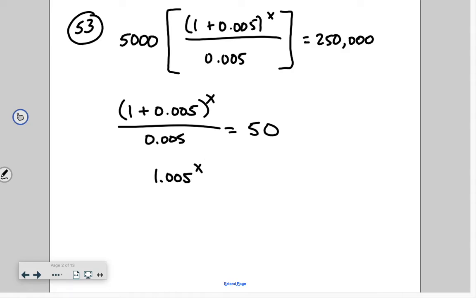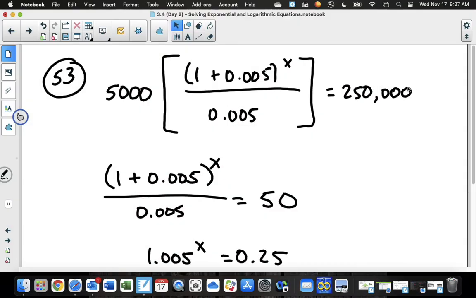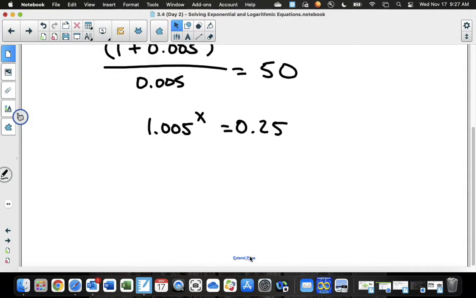So I'm going to write this as 1.005 to the x power equal to, when I multiply both sides, what do we get? What is 0.005 times 50? 0.25. And now we're right back to an exponential equation again. You've got a base raised to a power equal to something, which means now we're ready to switch it into logarithmic form. So you had to clean it up a little bit, and now we can move forward with solving.